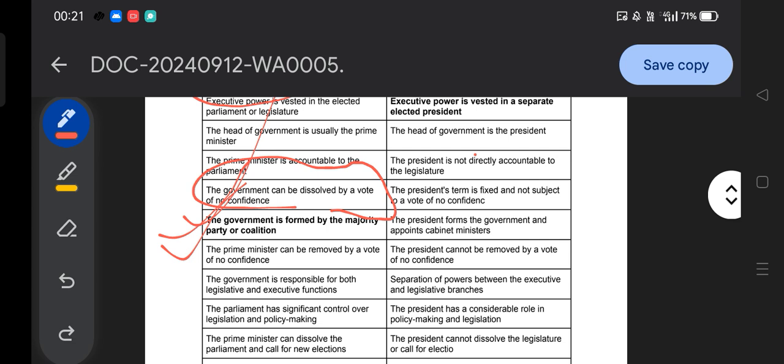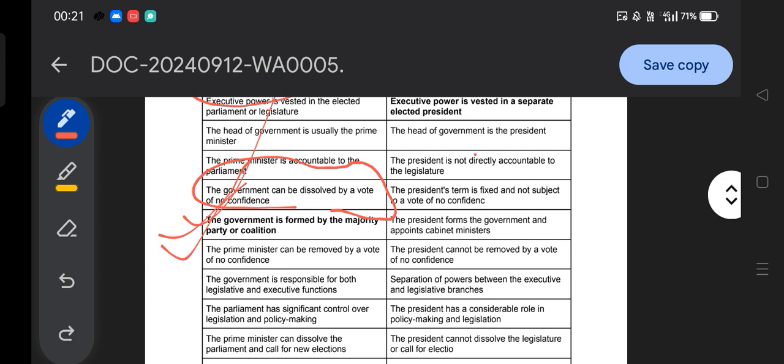Getting my point? Then the government is responsible for both legislative and executive functions. The government makes the law and implements the law, so it is accountable for this to the executive as well as to the legislature. Legislature means the members of parliament; executive means the union cabinet and the council of ministers.